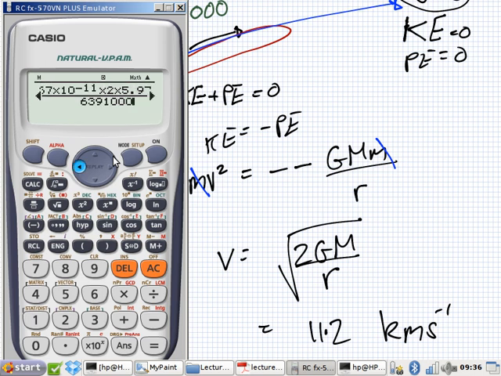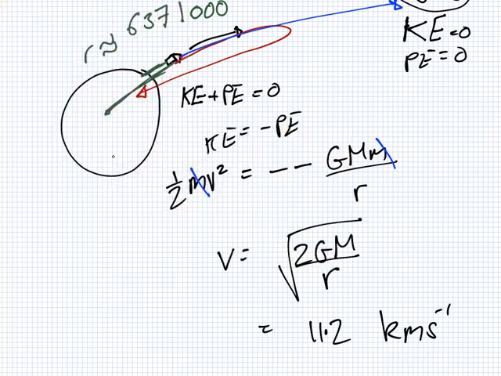Okay, well, let's add on 30 then. 11.2 still. So even at 30 kilometers, it's still the same escape velocity. Yeah. Continue. Okay.